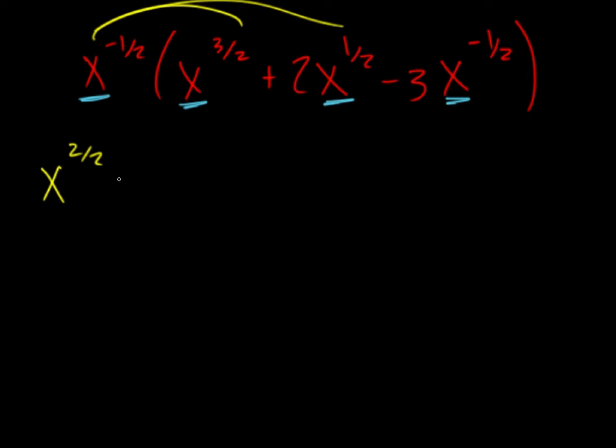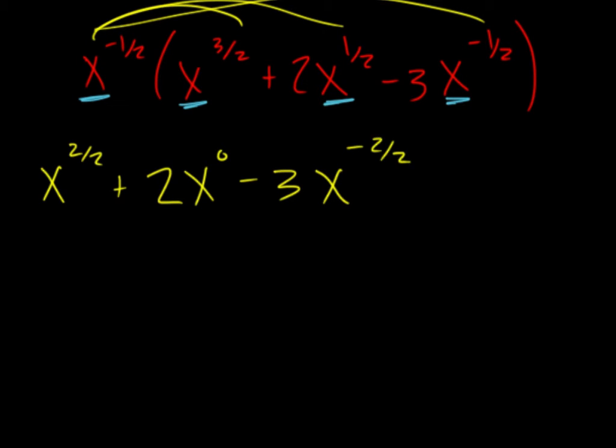Okay, this is going to be 2 times x to the 0, because negative 1/2 and positive 1/2. And this is going to be negative 3x to the negative 2/2. Okay, now if we go through and simplify that, this is x to the 1, or just x.